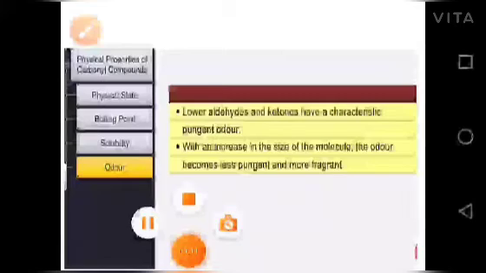As compared to aldehydes and ketones, the alcohol and carboxylic acid boiling points are higher, and this is because the carbonyl compounds are not capable of forming intermolecular hydrogen bonding by themselves, since they contain hydrogen bonded to the carbon but not to the oxygen atom. So aldehydes and ketones have lower boiling points as compared to the acid and the alcohol.